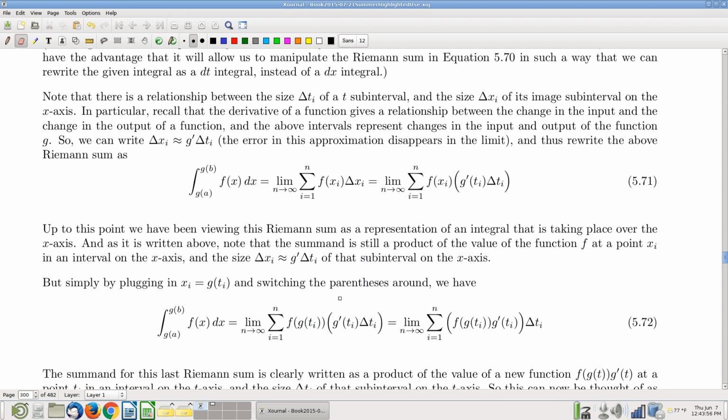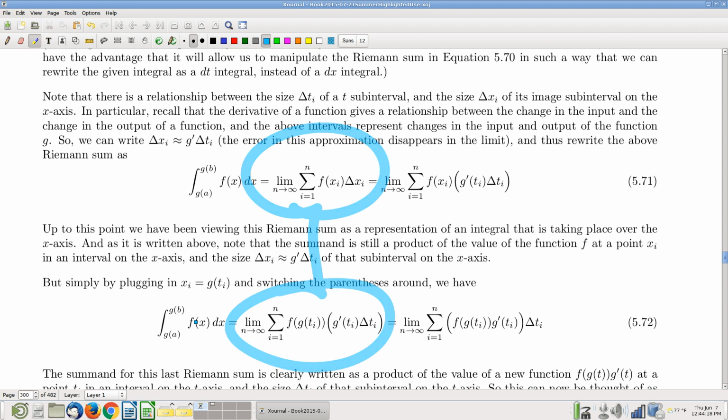Okay, so altogether, notice how this works out. If we start by looking at the integral on the right-hand side, we have some integral on the x-axis, some integral f of x dx. We have some bounds. That's a Riemann sum. Everything in that Riemann sum, we just got to rewrite it in terms of t. This is that process that we just talked about. Just plug in. Don't forget that delta x is g prime dt.